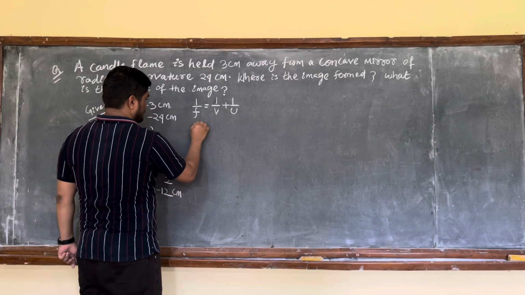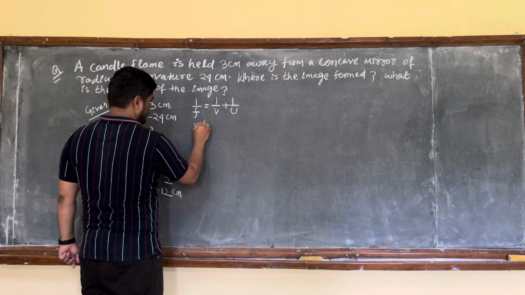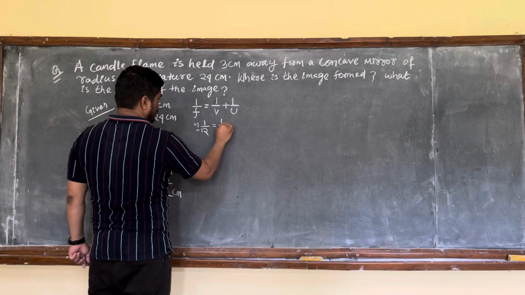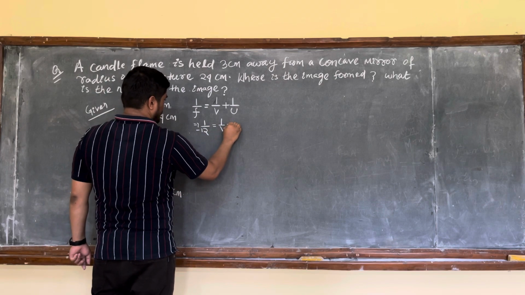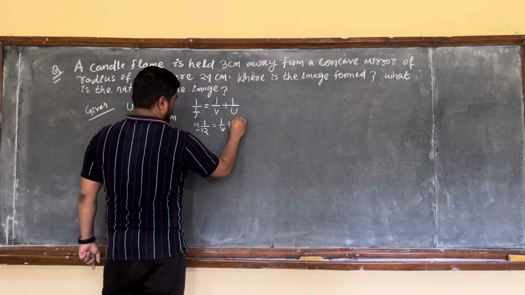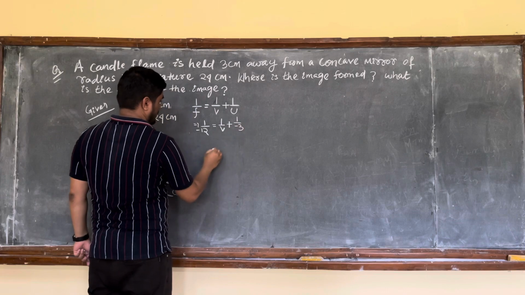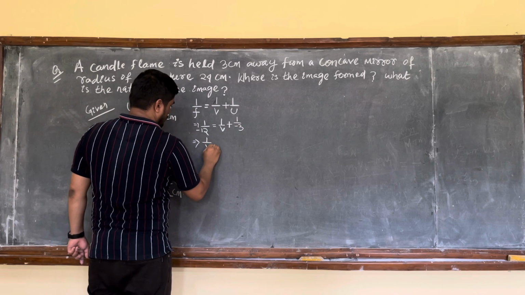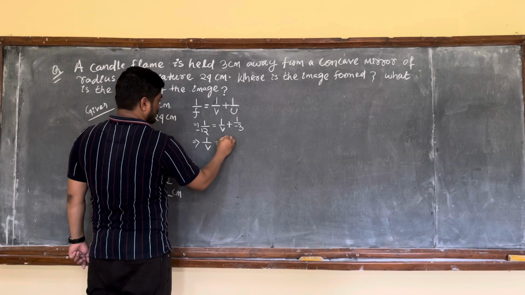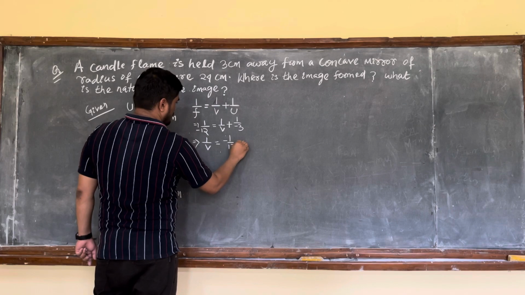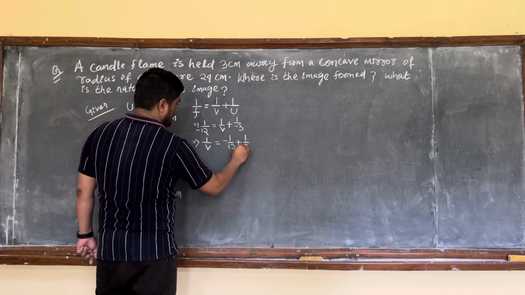So this will be 1 divided by minus 12 equals 1 divided by v plus the value of u, which is minus 3 centimeter, 1 divided by minus 3. That implies 1 divided by v will be minus 1 divided by 12 plus 1 divided by 3.